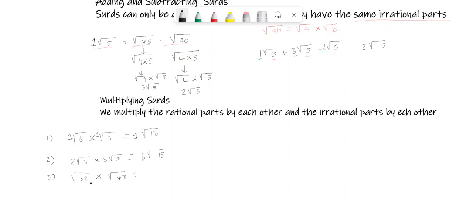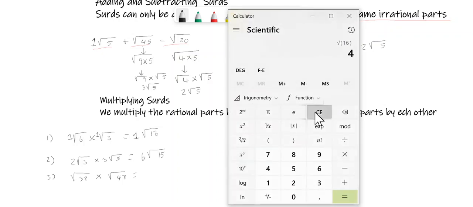Now for this one, we want to multiply these by each other. You can just multiply 32 by 48. 32 multiplied by 48 is going to be 1536.